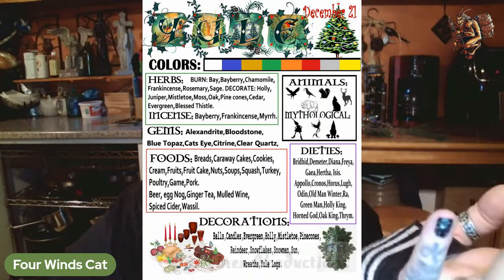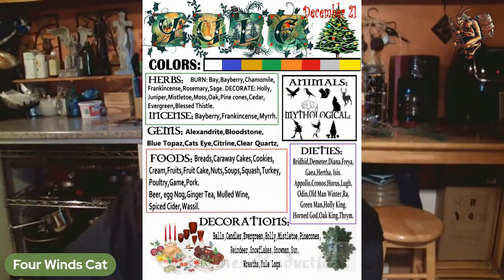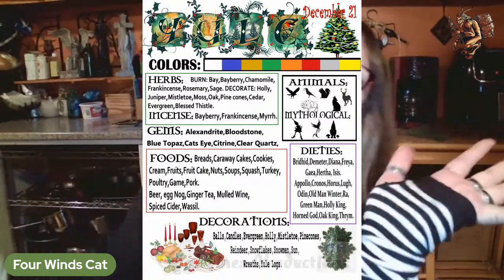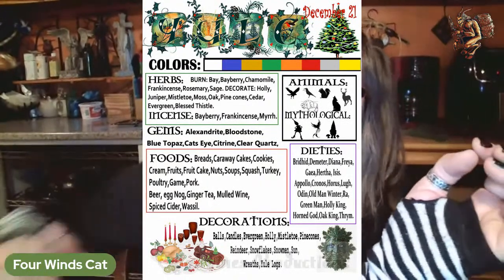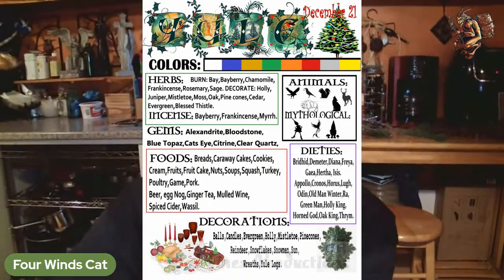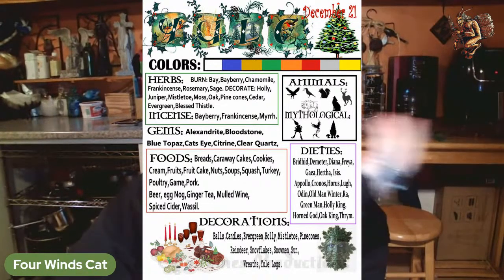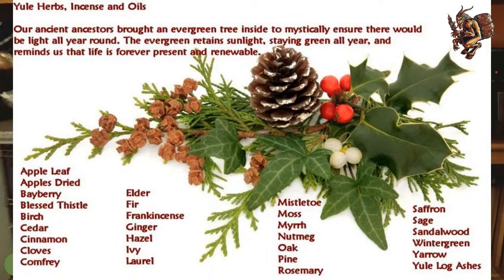Odin, the Green Man, the Holly King, and I'm going to discuss them in a second. The Horned God, which is a fertility god of winter. And let's see here. Oak King, which is another god of winter, and thyme. Then you have your decorations, of course, down below, which we basically know what our decorations are.